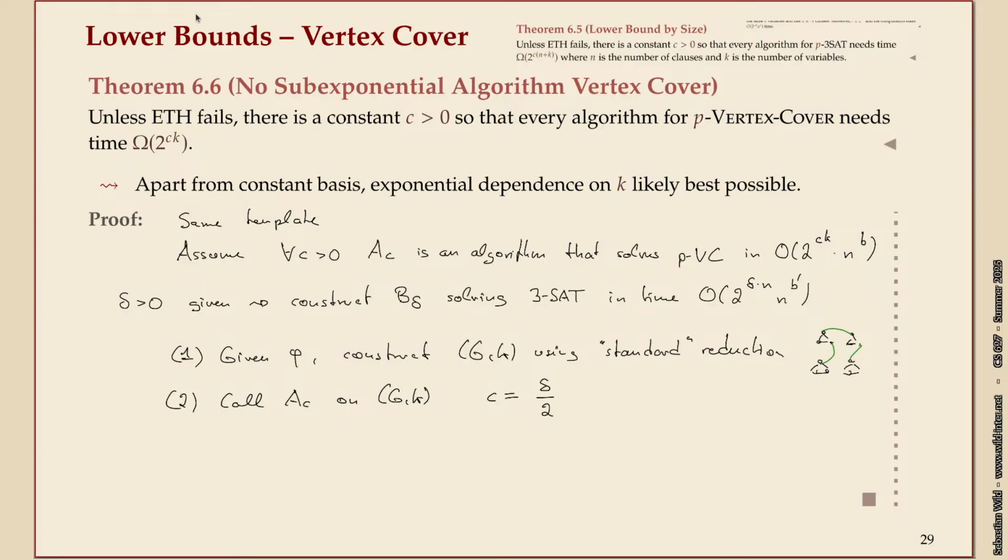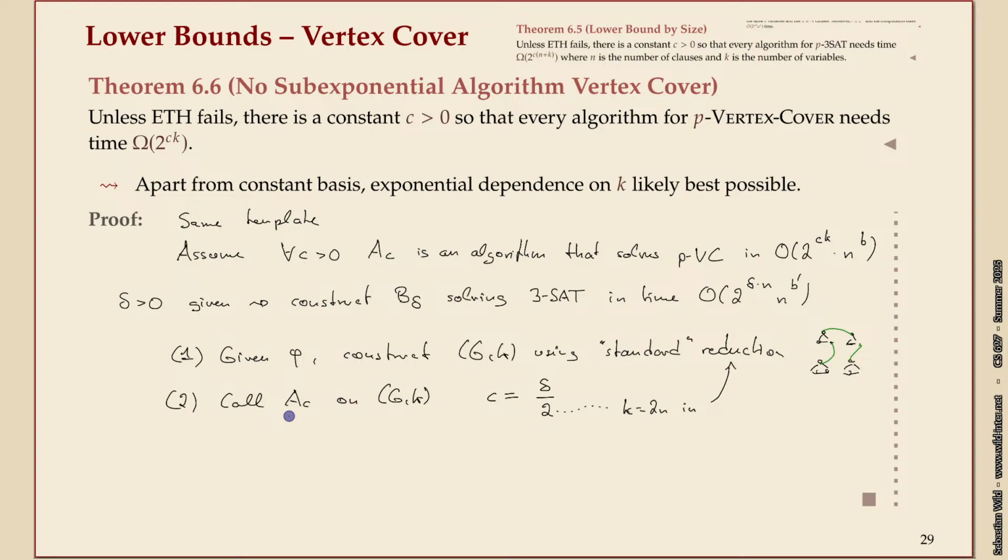So this 2 comes from this reduction. And if you use other problems, you have to adjust this choice of this parameter c. But yeah, here it's relatively simple.